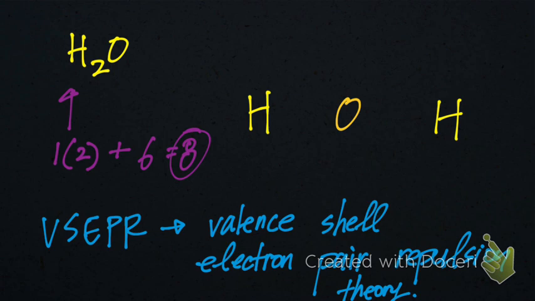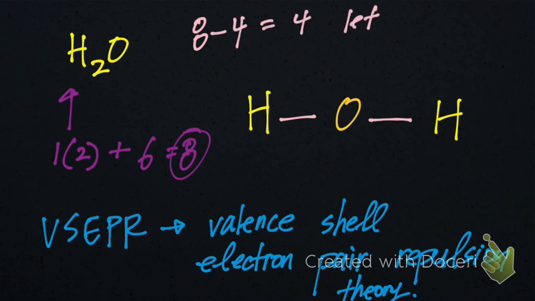Let's continue. Where should I first use a bond? You're going to first connect the central atom to the outer atoms with a line. That line represents 2 electrons. So out of the 8, how many have I used right now? 4. I have 4 left.